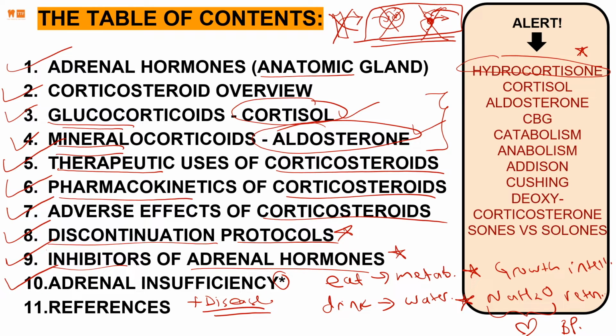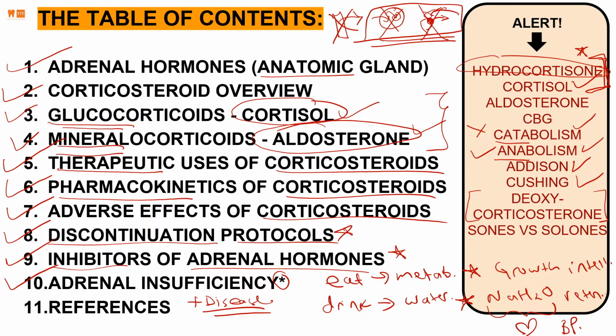And a heads-up: hydrocortisone and cortisol are the same thing, guys. Followed by aldosterone, catabolism, anabolism, very fun concepts. Cata means to break, ana means to build. Okay. Addison's disease and Cushing syndrome are two of the major conditions we will take a look at today, along with other ones as well. And then deoxycorticosterone, which is a precursor to cortisol.